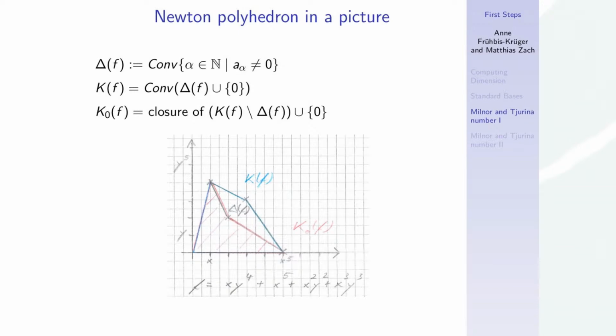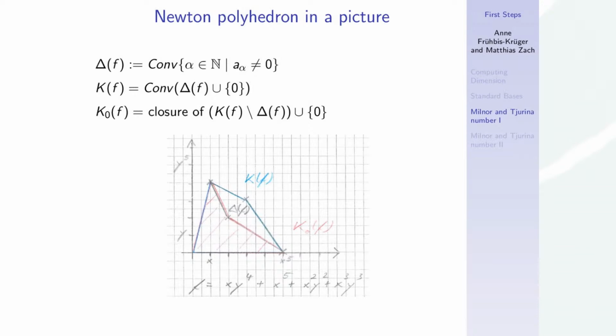So I've taken here a polynomial with 4 monomials so that there's something to see on the picture. You see, we have x to the 5, we have xy to the 4th, we have x squared y squared, and x cubed y cubed. That gives you a total of 4 monomials.